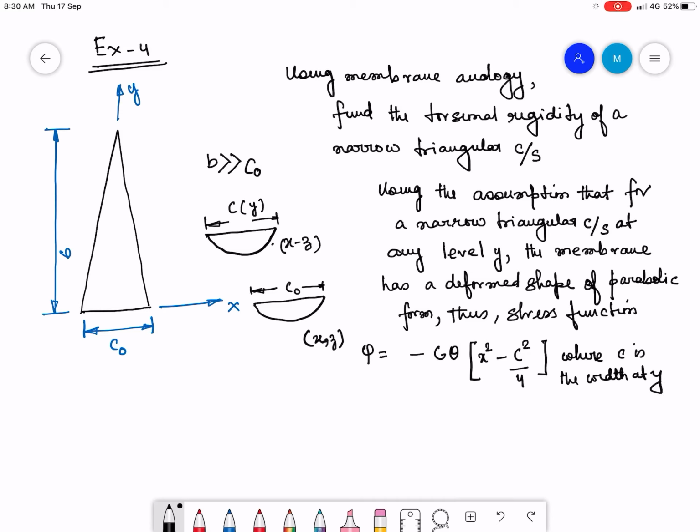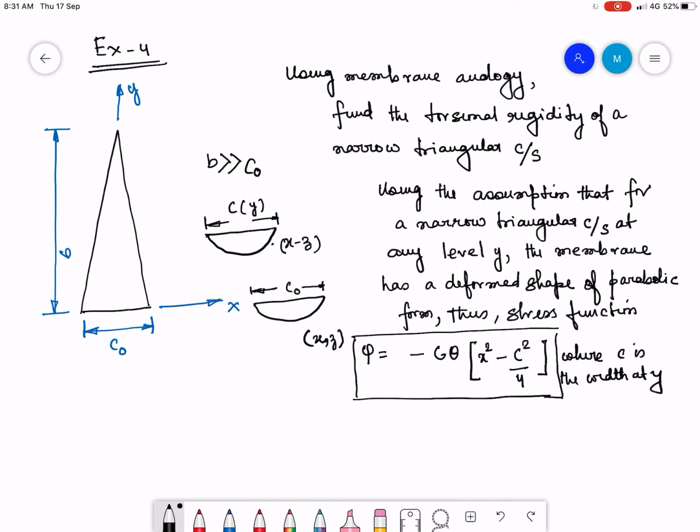So from the approximated deformed shape of the membrane, we can see that the stress function is going to be of this form, where C is the width at any y.